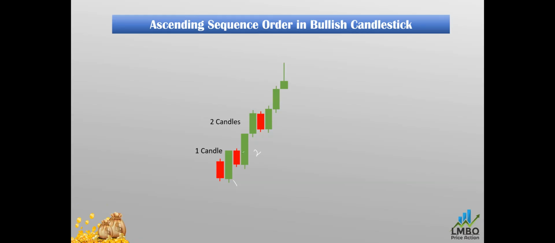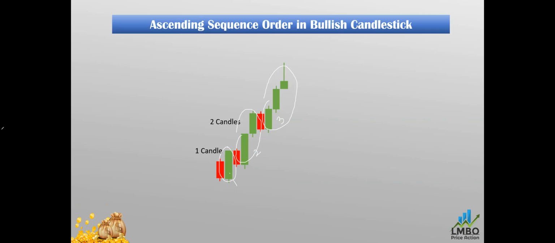Now, one and two, then three. It shows that the buyers increased their number, or we can say the momentum was very low, then momentum increasing, momentum extreme. Overall, it shows that the buyers are in power.